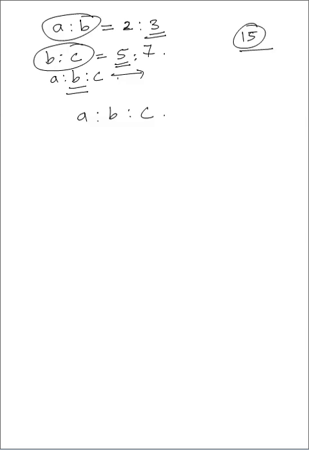I told you earlier that we can multiply both numerator and denominator by the same number and the ratio does not change. So 2 is to 3 will become 10 is to 15. Both are the same thing.